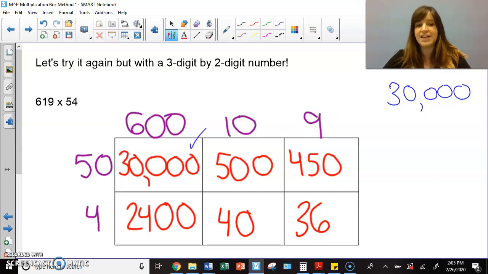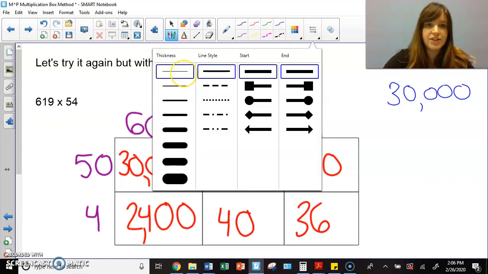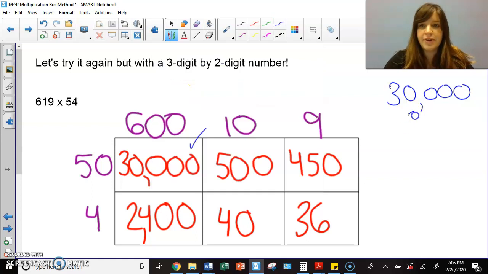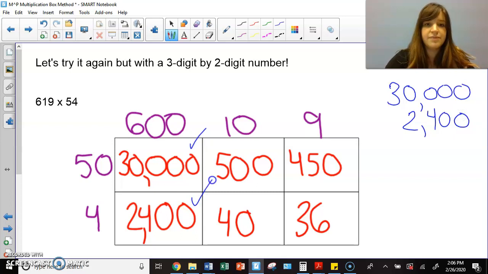So I'm going to check it off as I go, and I try to add the biggest numbers first just to help me line them up. So I forgot a comma over here for my 2,400. So I'm going to go ahead and write 2,400 over here. And then my next biggest number is 500, making sure I'm lining up my places evenly.